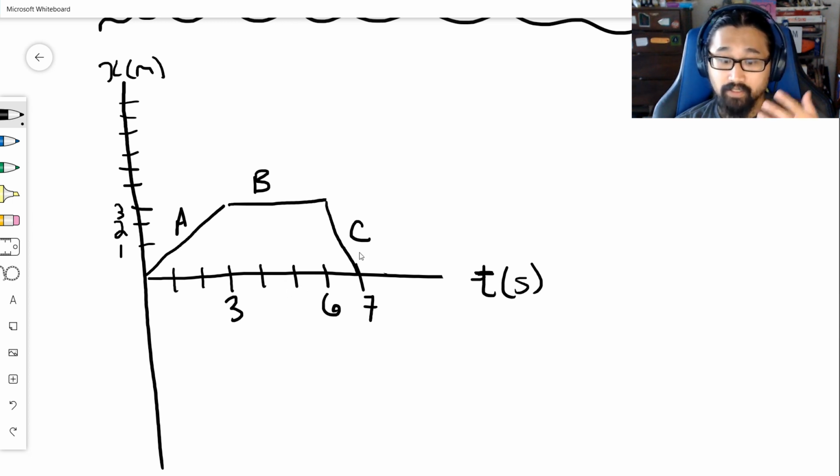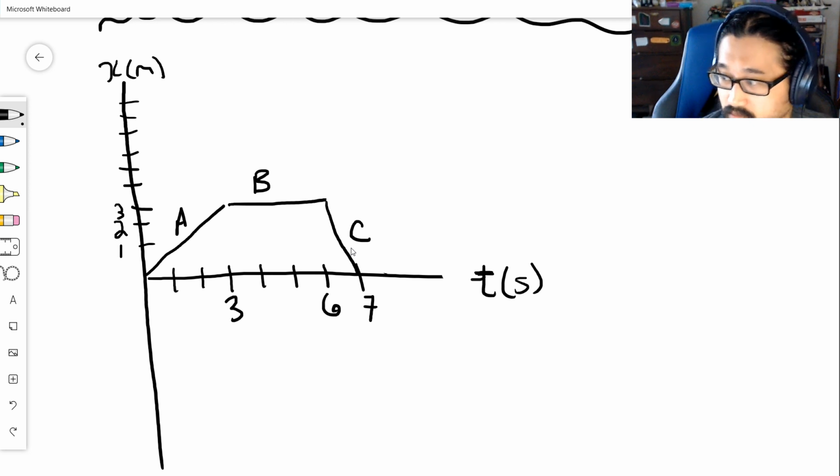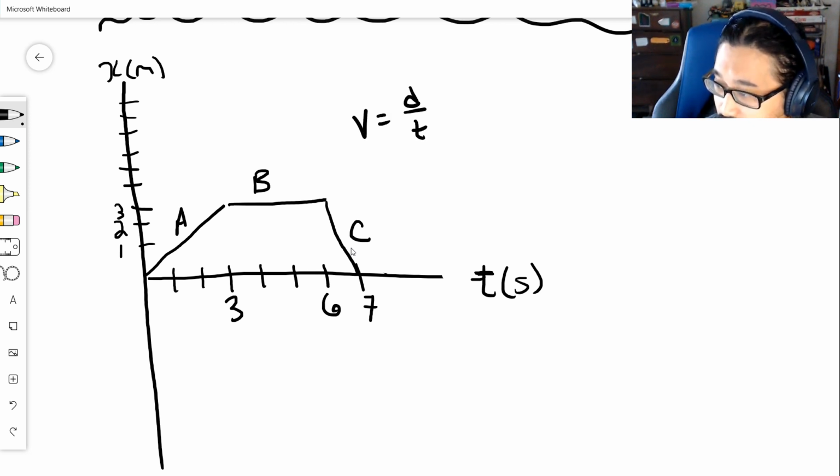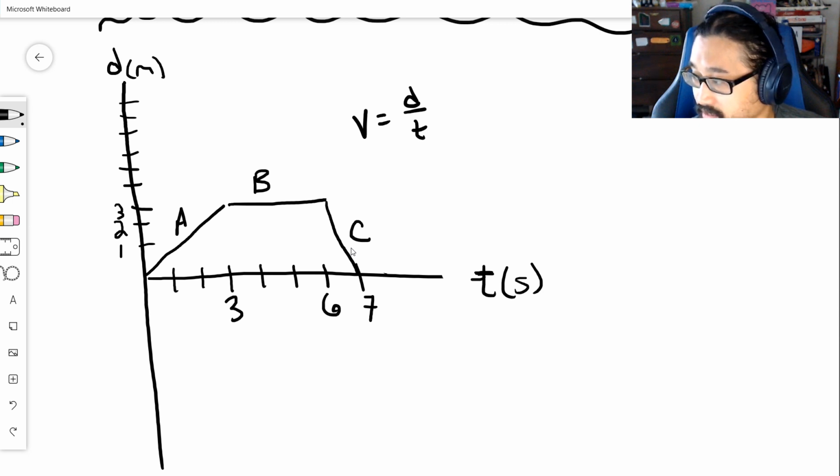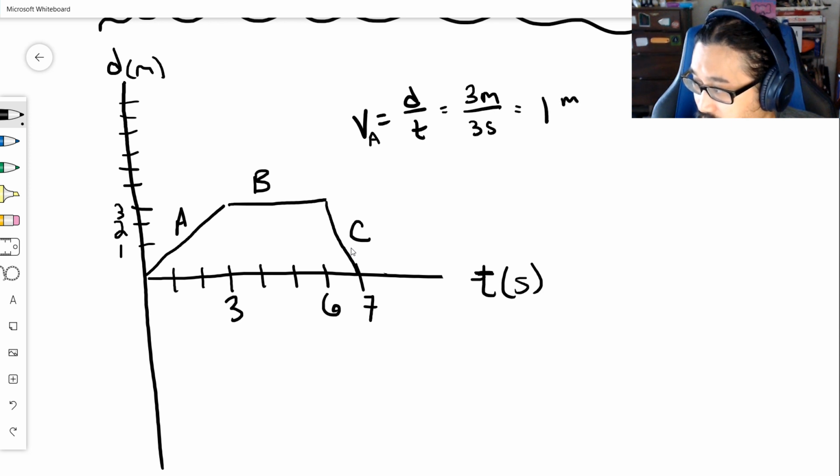If I were to do the velocity equation, which was velocity is distance over time, and I should actually label this, let me be appropriate. This is D for distance. So if I did change in distance, which was 3 meters over 3 seconds, so velocity at A is 3 meters over 3 seconds, which is 1 meter per second.